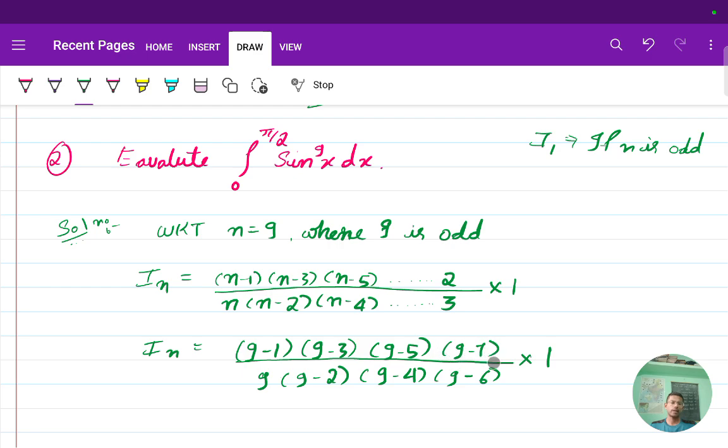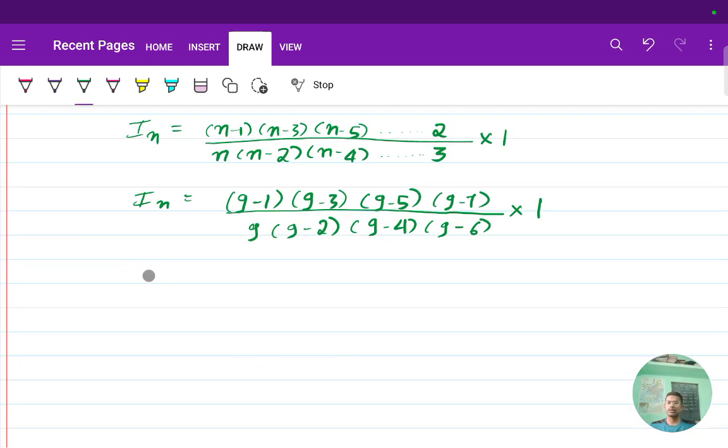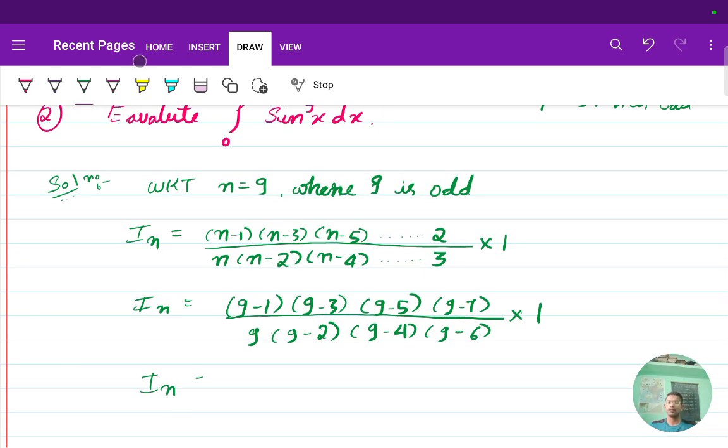You know that 9 minus 7 is 2, 9 minus 6 is 3. Let us solve this. We have to write I9 here.